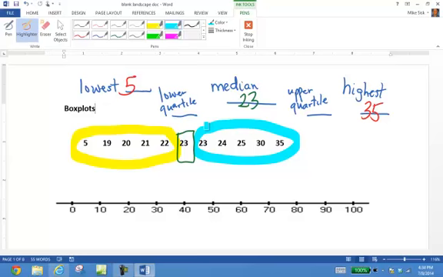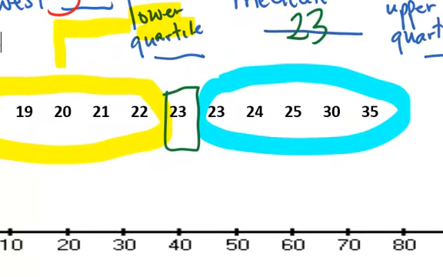To get the quartile, what I have to do is I find the median or middle value in this set. So I'm looking at the yellow list, and if I look at the middle of this group, the middle one is 20. If I take the other group, those circled with blue, I find that the middle of that one is 25.